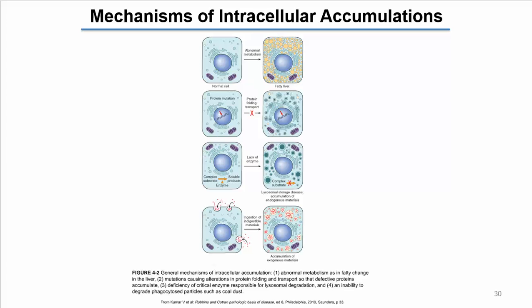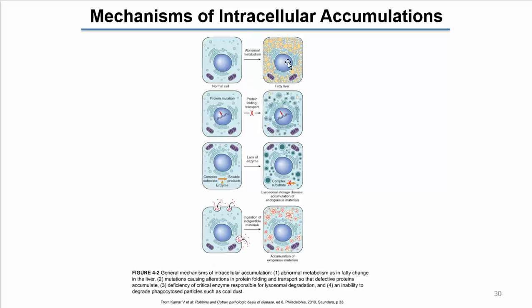So this sums it up. We can have abnormal metabolism leading to accumulation of metabolites. We can have inappropriate proteins, so protein mutations, proteins not being made properly, not folding properly, so they accumulate because they're not doing the job that they want. We can have a lack of an enzyme, so the substrate builds up instead of the product.